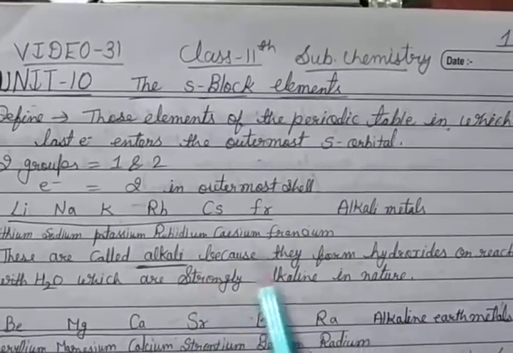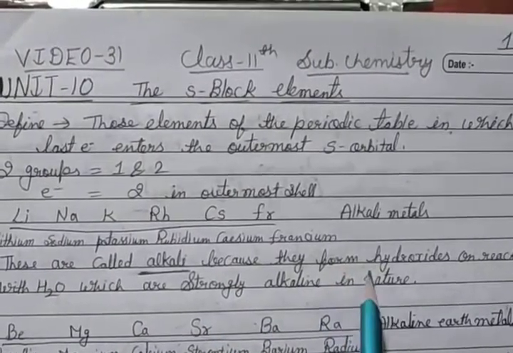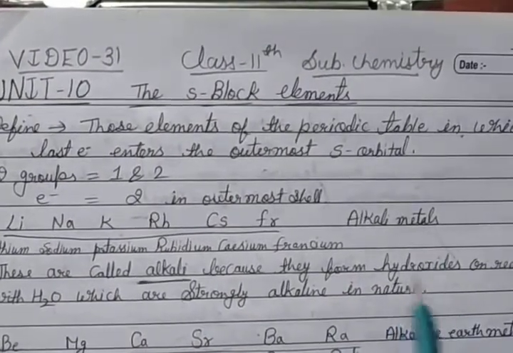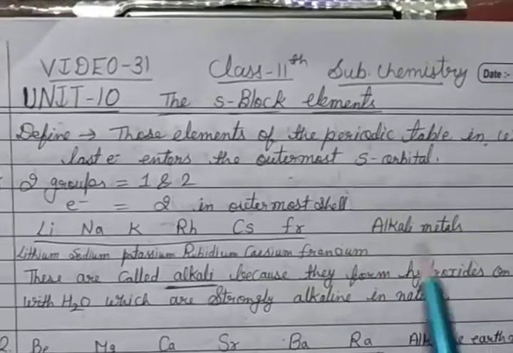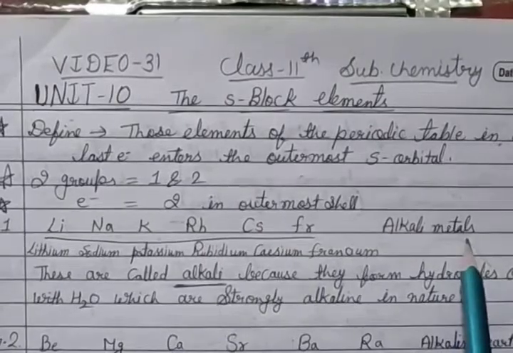Whenever they react with water they form hydroxides, and the hydroxide nature is alkaline. So these elements are known as alkali metals.